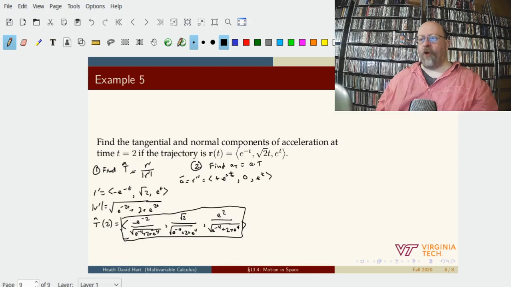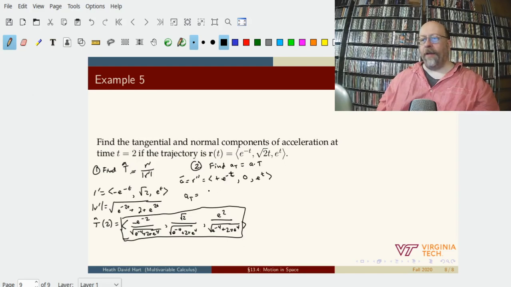So we're going to dot product this vector with this vector at time 2. So at t equals 2, e to the negative 2 times e to the negative 2. When we multiply things with the same base, we add their exponents together.